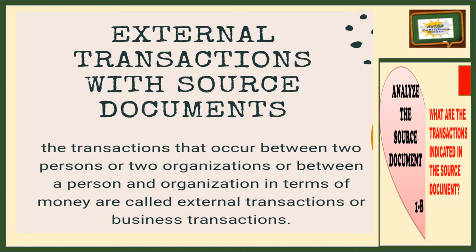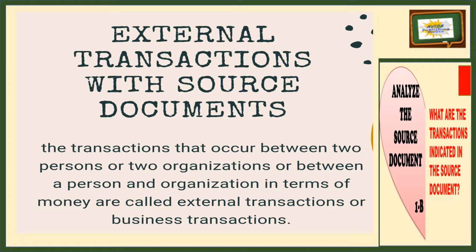As we have said, external transactions are transactions that occur between two persons or two organizations, or between a person and organization in terms of money, which are covered by a source document. So if there is no source document, then that is an internal transaction.